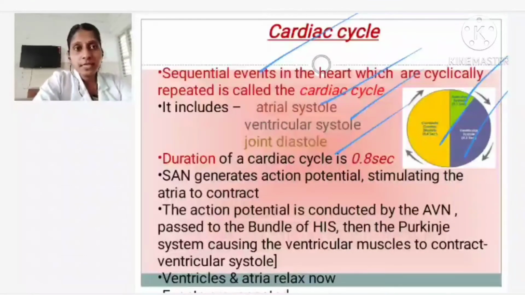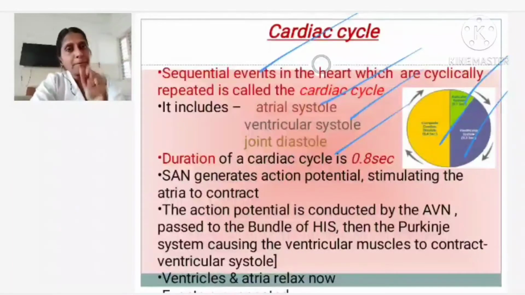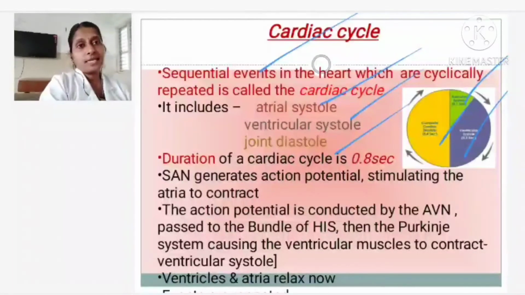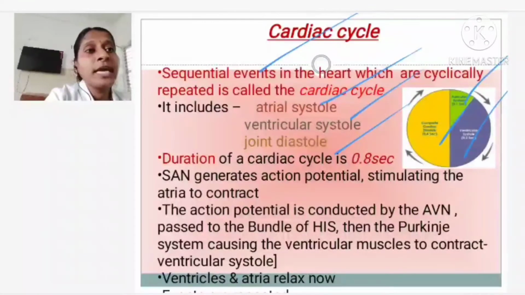If it is 1 second, then how many times should your heart beat? It should beat only 60 times, isn't it? But the normal heart rate, how many times is it beating? It is beating 72 times, which means that for one pumping it takes less than a second. So how much time is it taking? It is taking only 0.8 seconds.